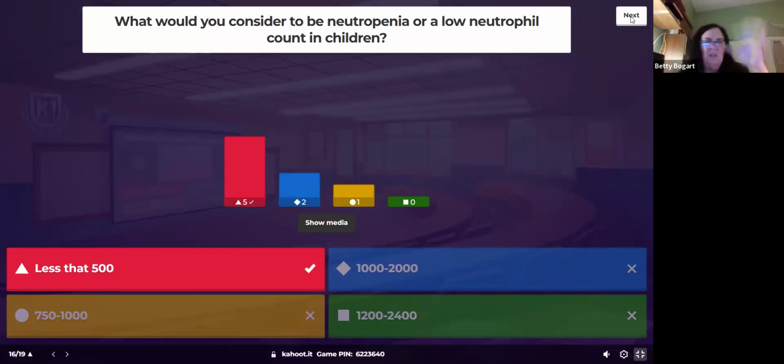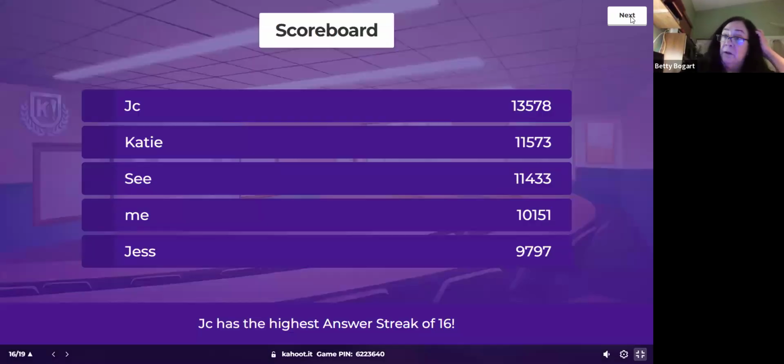That's normal. 1,500, 2,000, somewhere there. When we see them less than 500, this child has absolutely no immune defense. And especially if they've got a fever, this kid's going to go into septic shock. Kid's going to go to the ICU immediately, or the adult, doesn't matter. Neutropenia affects all age people.